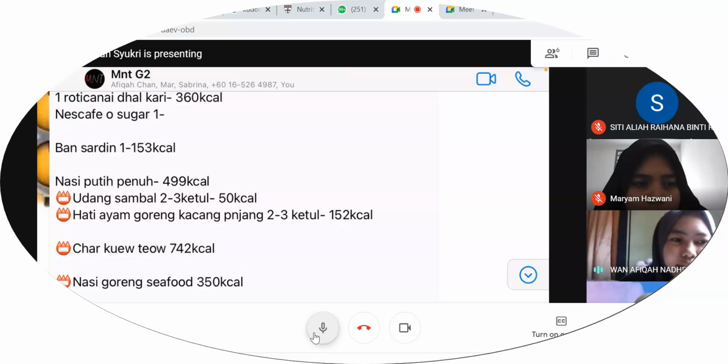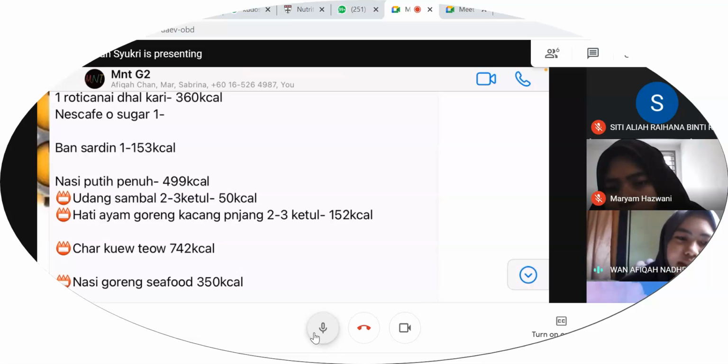And next is for his lunch. He ate a full plate of nasi putih, about 499 kilocalorie. And for the lauk, he consumed udang sambal, about 2 to 3 pieces, which is about 50 kilocalorie. And also hati ayam goreng kacang panjang, 2 to 3 pieces, about 152 kilocalorie.